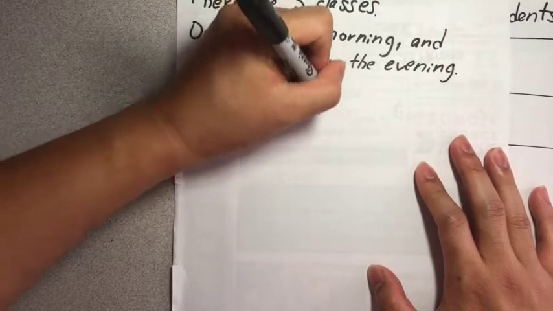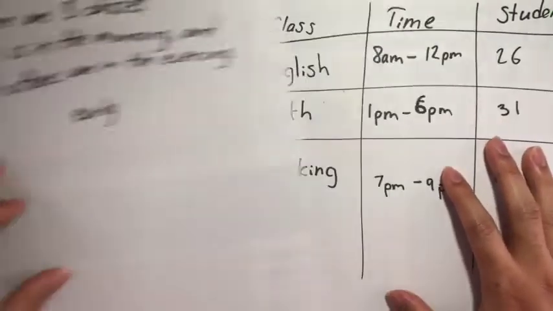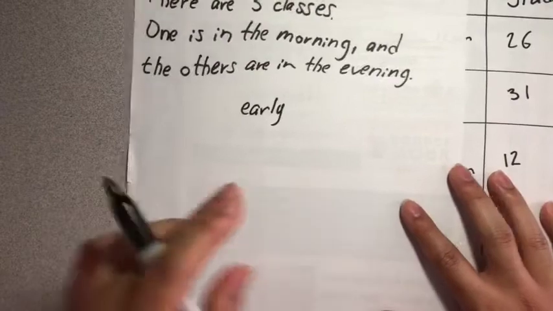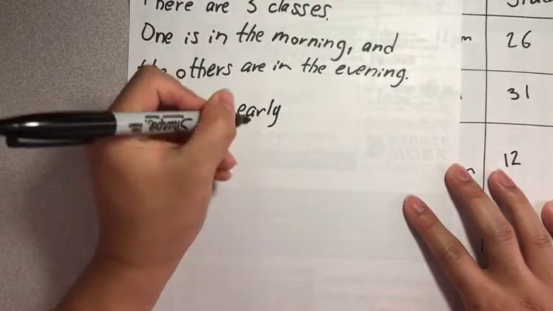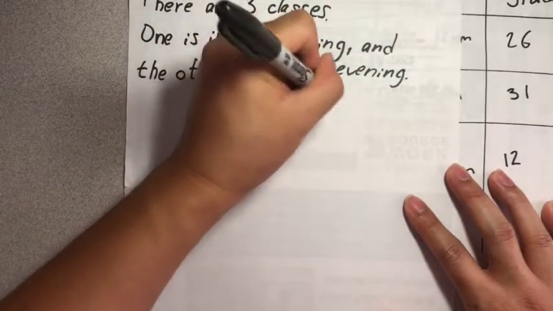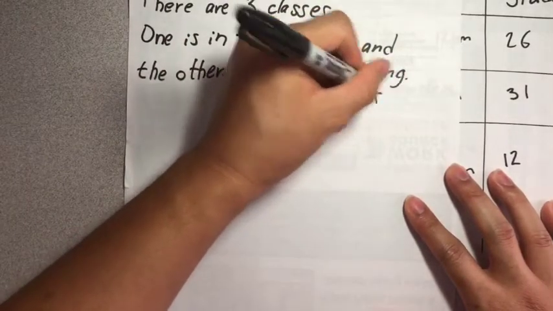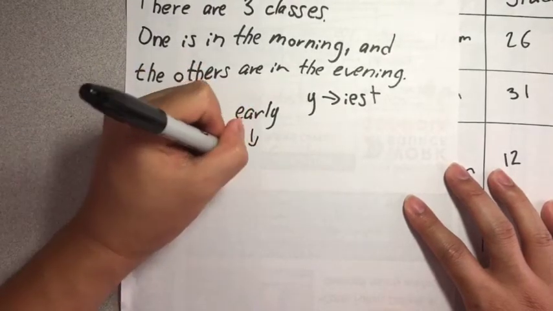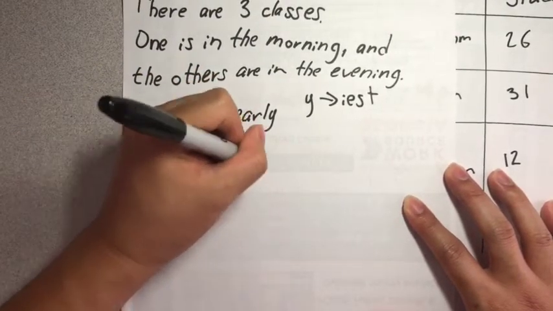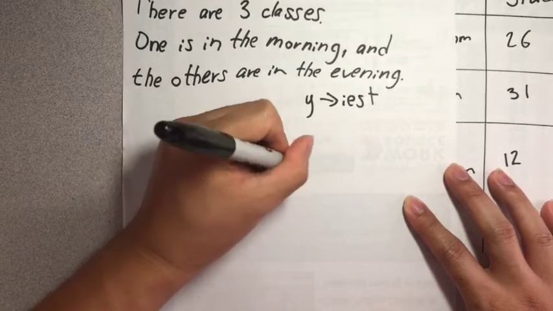Early. We're comparing three classes, and we have the adjective early. Early ends with the letter Y. We change the letter Y to IEST when we compare three things. So early becomes the earliest.